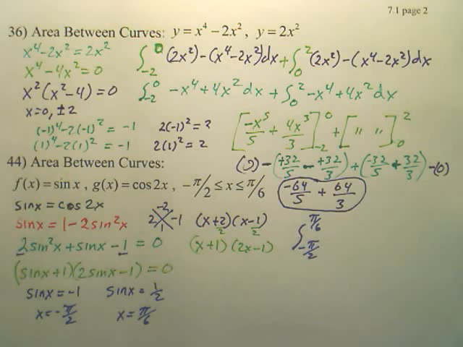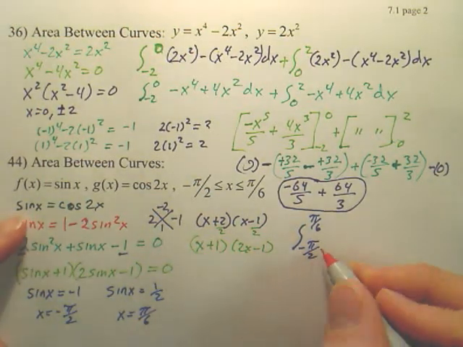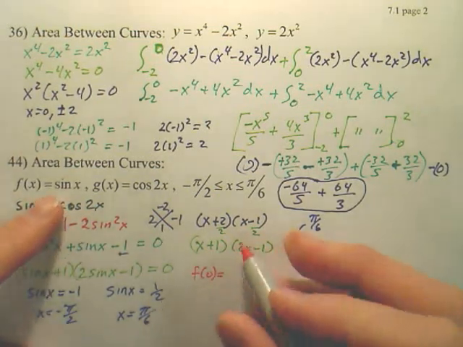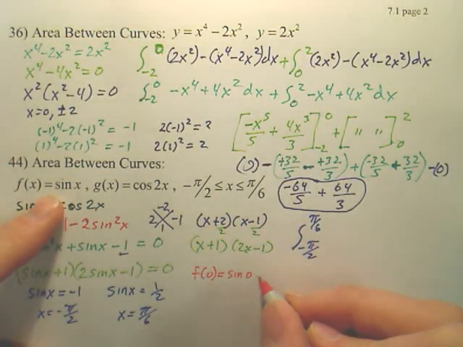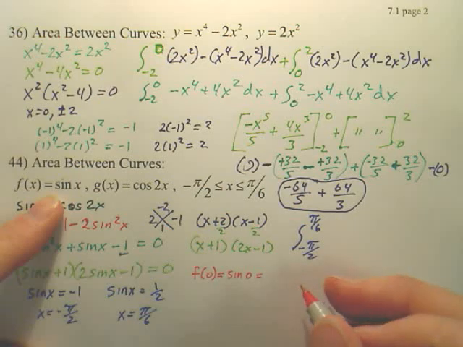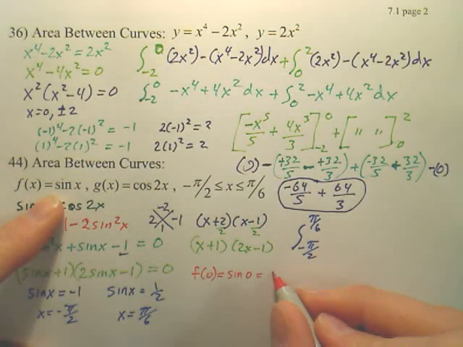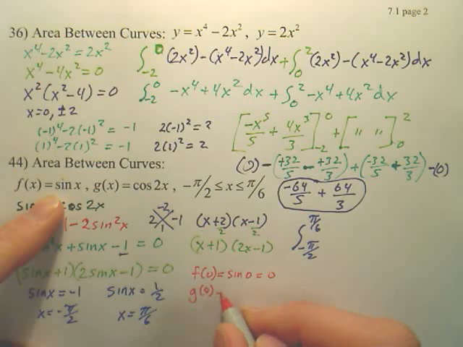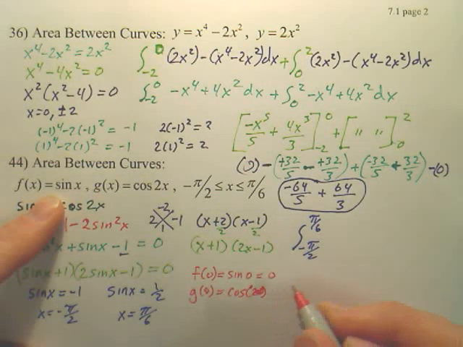Next question is, which one's on top, which one's on bottom? So I'm going to check the value between these, at 0. F of 0 is going to be sine 0, which is, what's sine at 0? 0. And g of 0 is cosine of 2 times 0, which is 1.